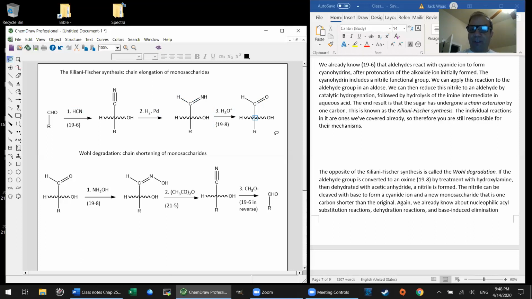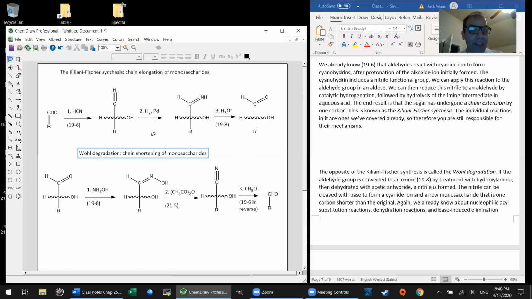And of course, diastereomers are quite easy to separate. You don't have to go through all that nonsense like you do when trying to separate enantiomers. Diastereomers have different properties, and so they're in principle quite easy to separate. Anyway, that mechanism we also covered in chapter 19 in the formation of imines, which is a reversible process.